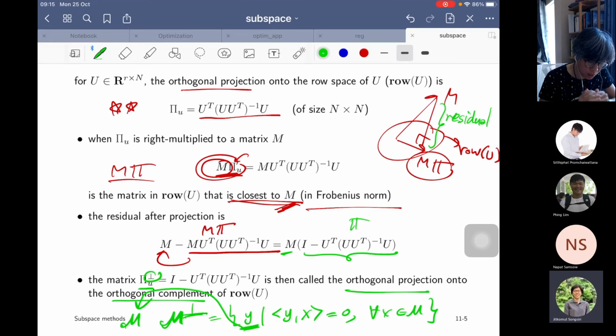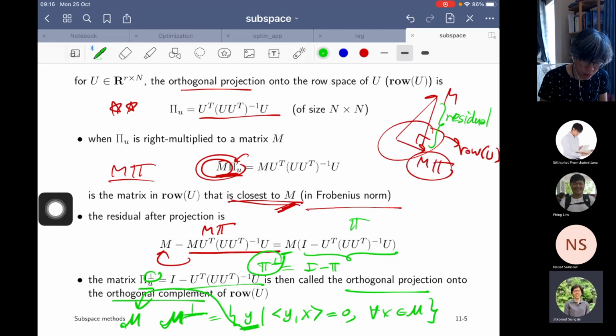Here there is also another matrix with the notation pi perp, and we define it as I minus pi. This one is also an orthogonal projection matrix, but instead of mapping M to the rows of U, it maps M to the rows of U perp.